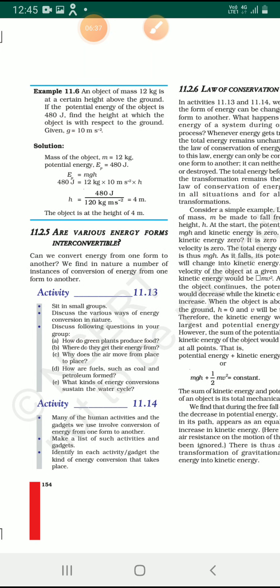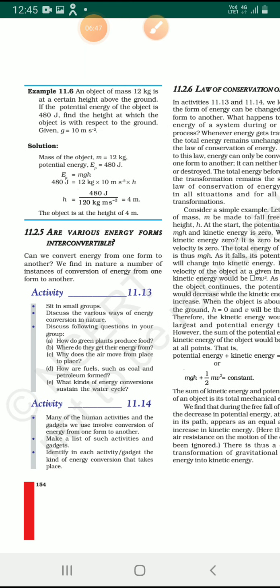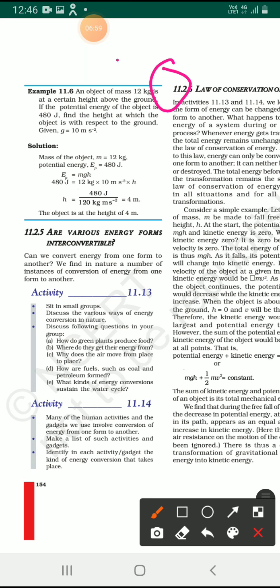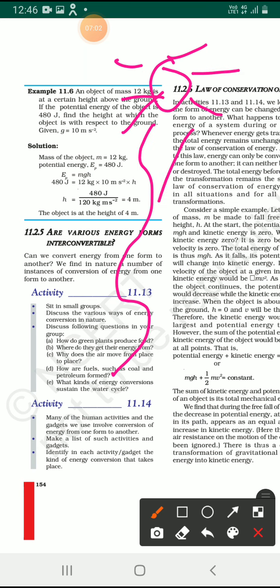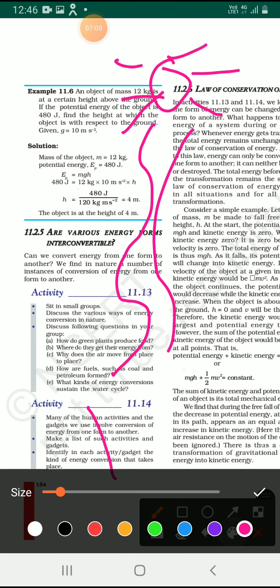For that, the plants produce food with the help of sun energy, with the help of water, with the help of nitrogen present in the soil. Through all that the plant produces the food, and it will grow up. So here sun's energy is the main energy which is converted. For example, there's a sun, and the sun's energy falls on the earth, where there are plants.